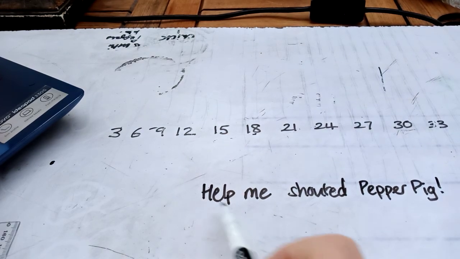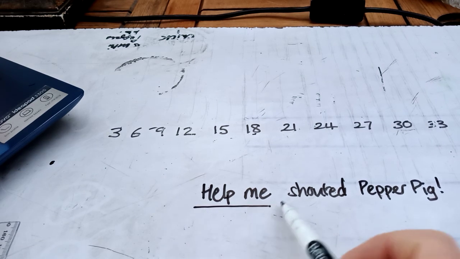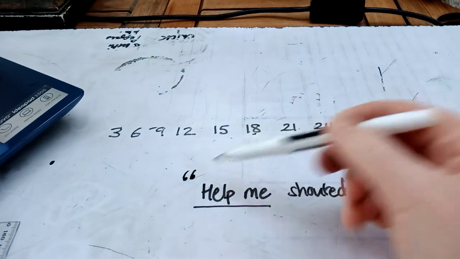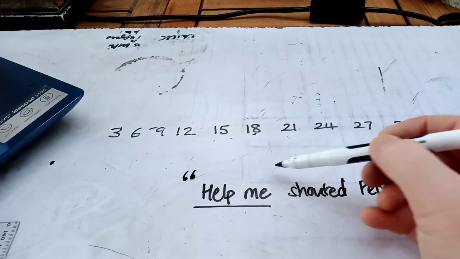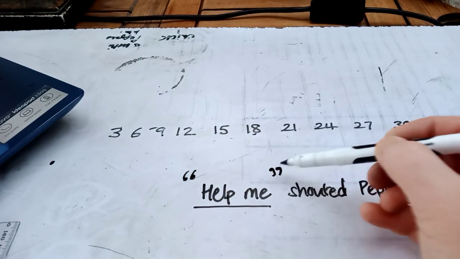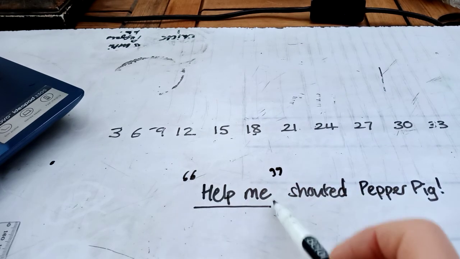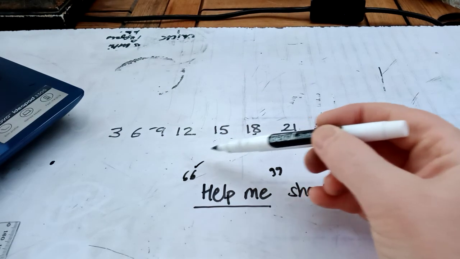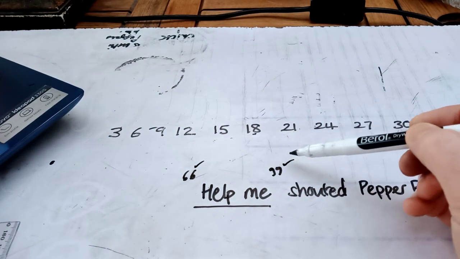The bit that she says, which is help me, out loud, needs inverted commas. We call these 66 and 99 because it looks like a 66 and a 99. The bit that Peppa Pig actually shouts is help me. The shouted is the story writer, the narrator. We need a 66, a 99 around speech.